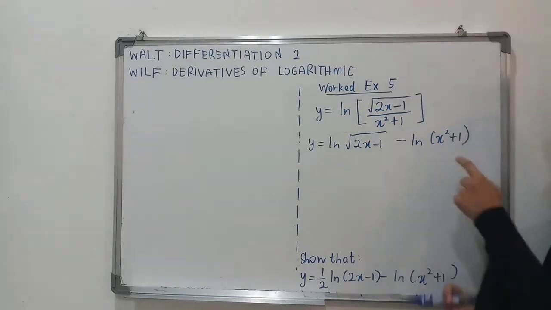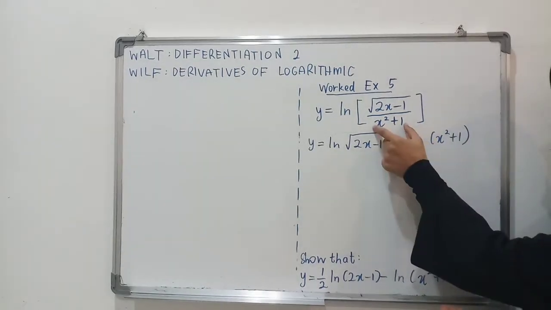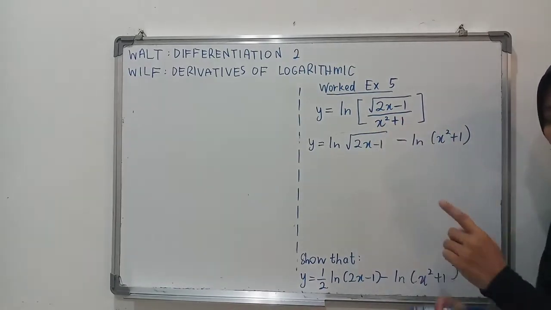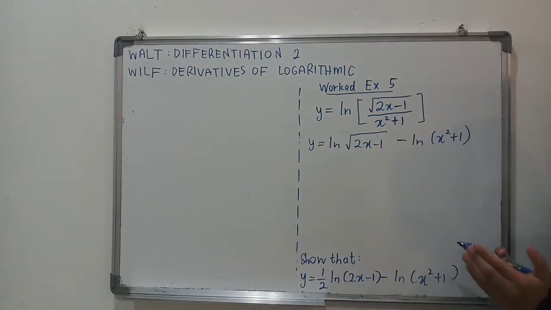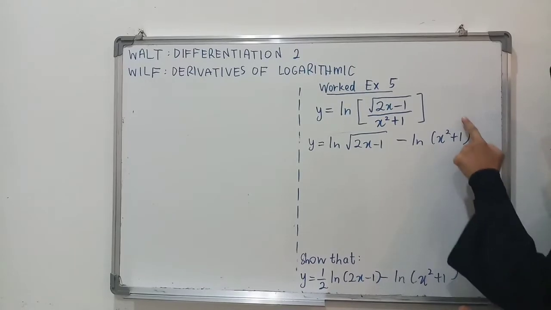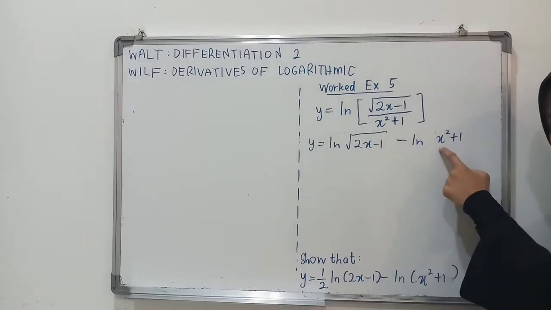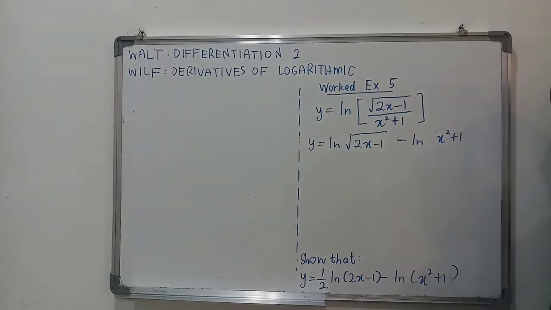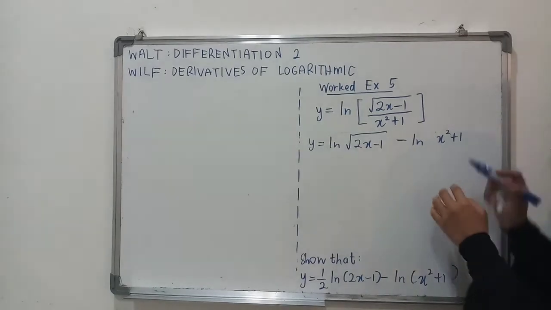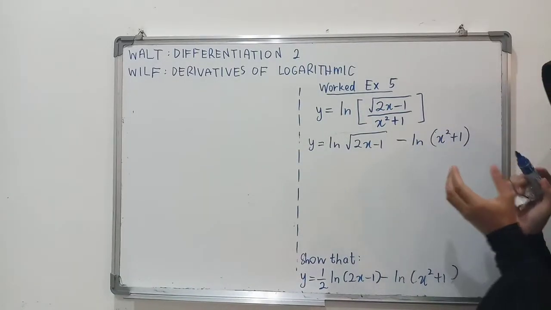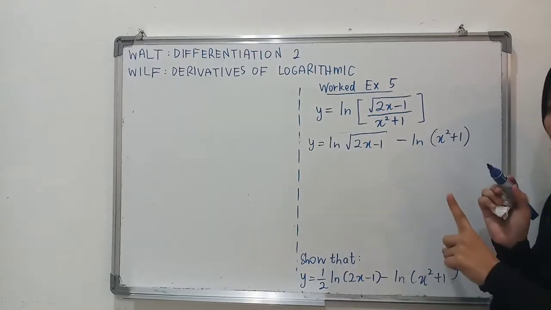When you put x square plus 1, because everything here is one term, you need to make sure you put the bracket. Without the bracket it means ln x square only, and plus 1 is at the back, it doesn't belong to ln. So make sure you put everything inside the bracket because the whole thing is one term.